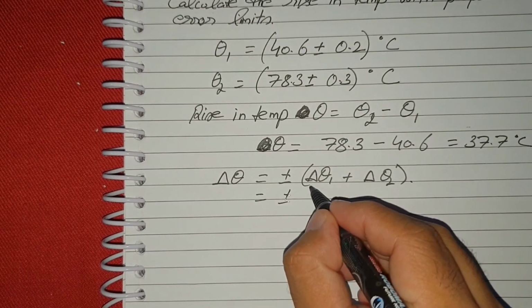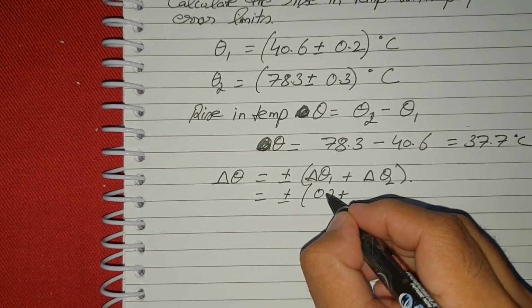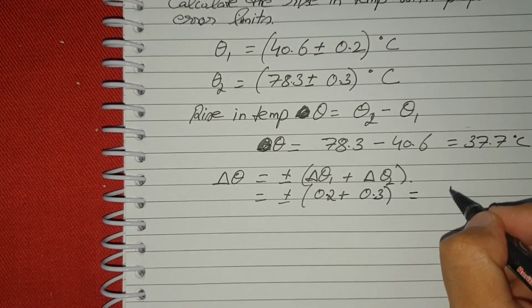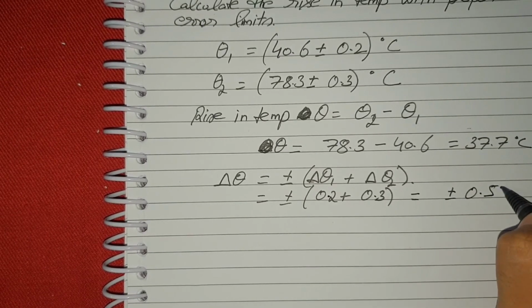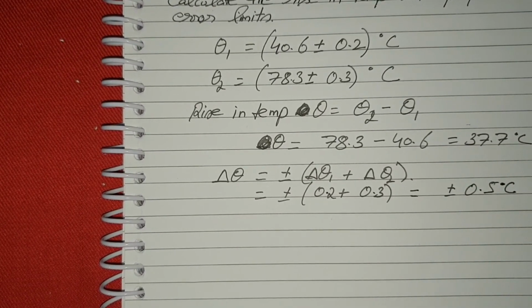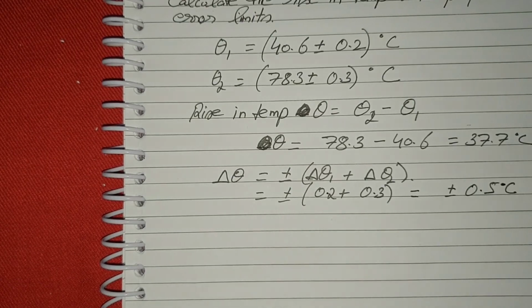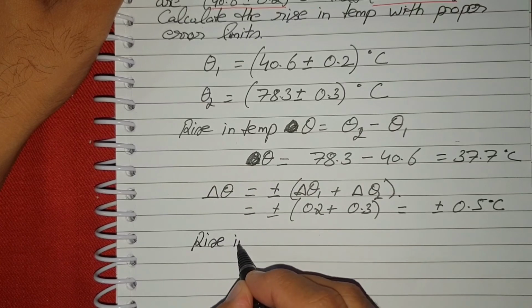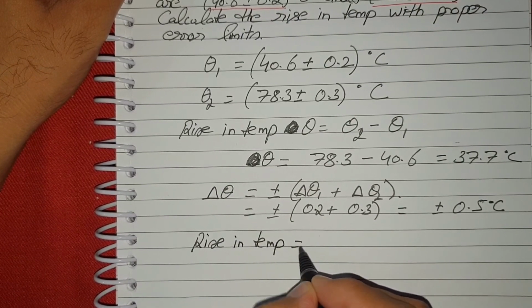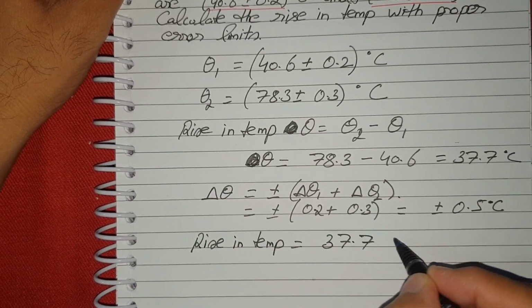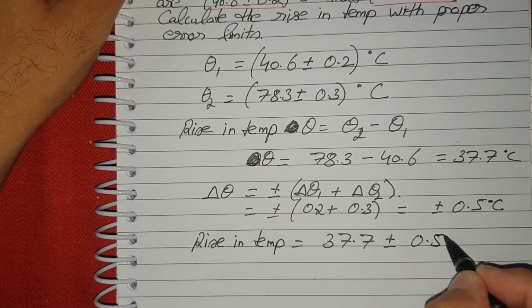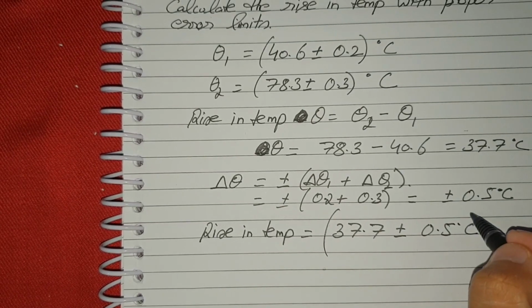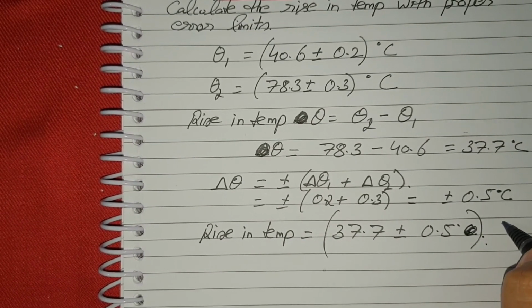So this is plus minus 0.2 plus 0.3, which is equal to plus minus 0.5 degrees Celsius. So the rise in temperature will be 37.7 plus minus 0.5 degrees Celsius.